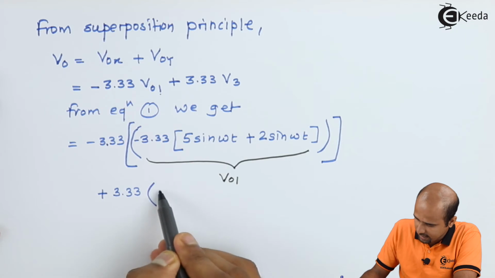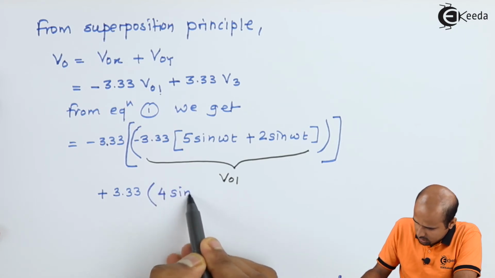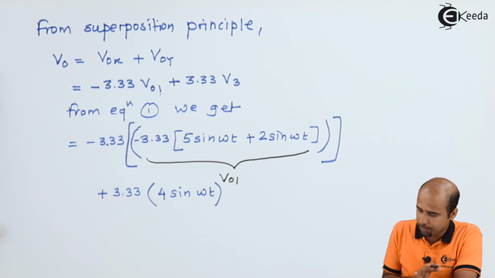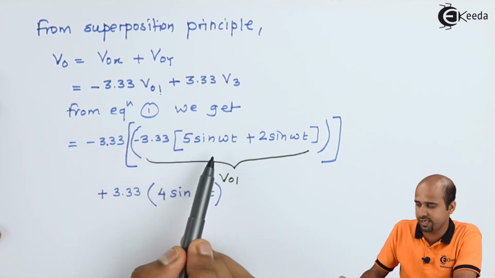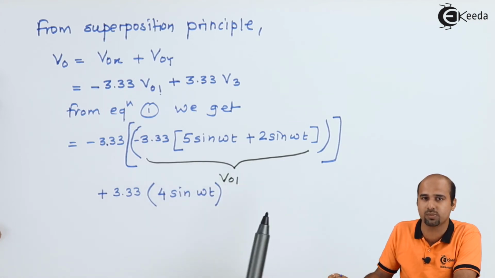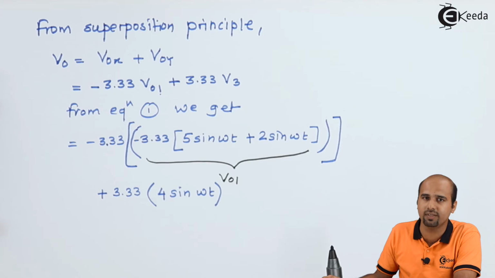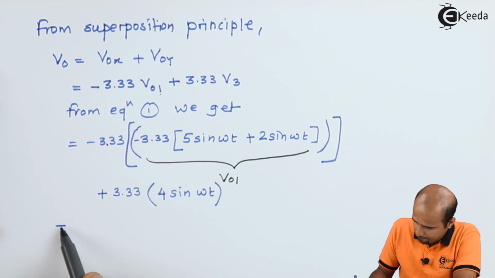So we will write this as 4 sine of omega t. Now if you combine this all together, we will be getting something in the form of a sine omega t plus b sine omega t plus c sine omega t, such that I will be getting a plus b plus c sine of omega t.